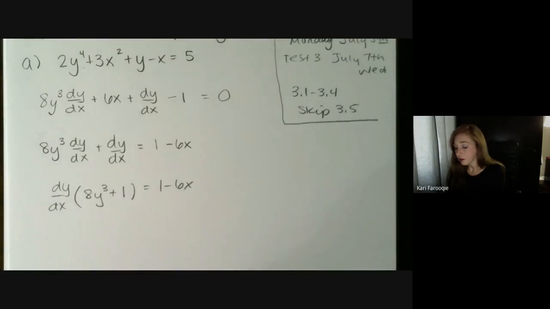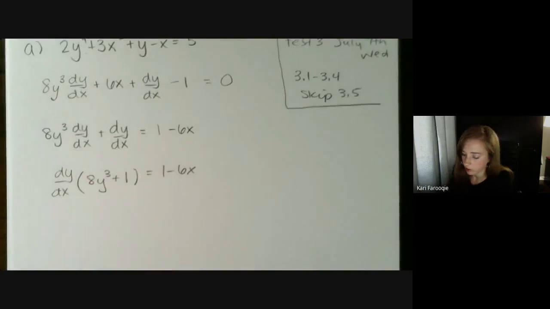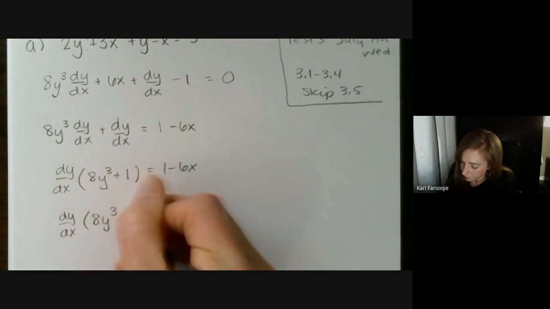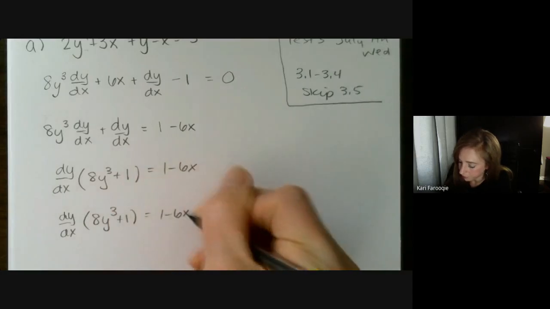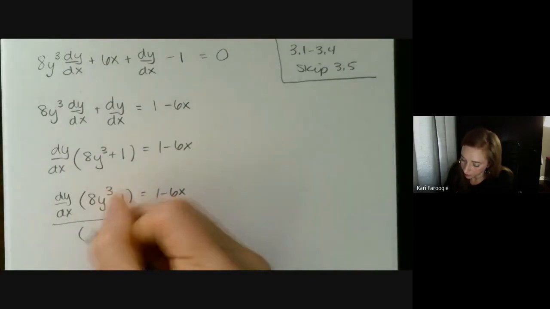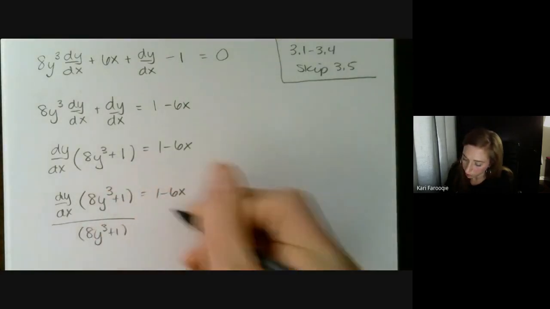And then the last step is to solve for dy dx. And the way you're going to do that, and I'm going to rewrite mine just so it's very clear where it came from, I'm going to divide both sides by 8y cubed plus 1.